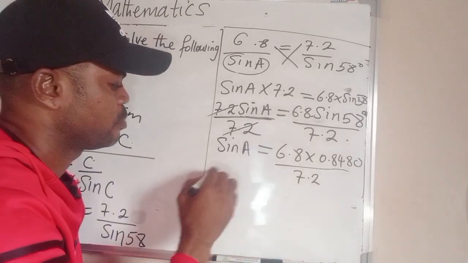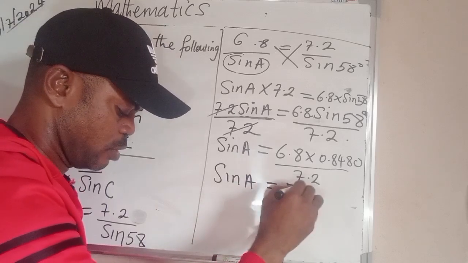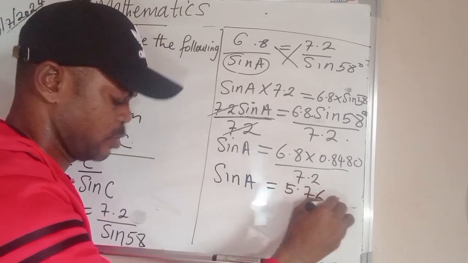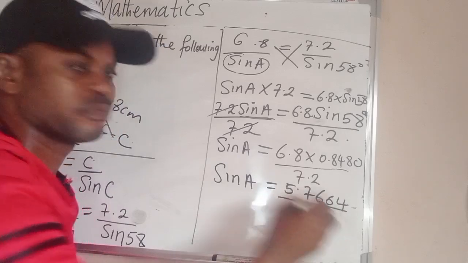I should be having sine A equal to 5.7664 divided by 7.2.